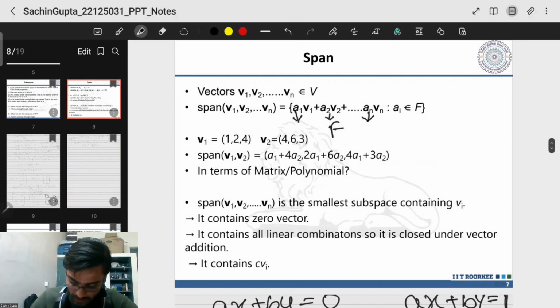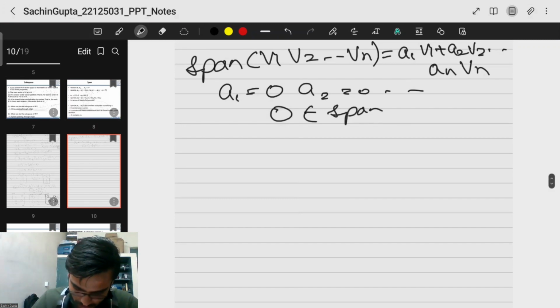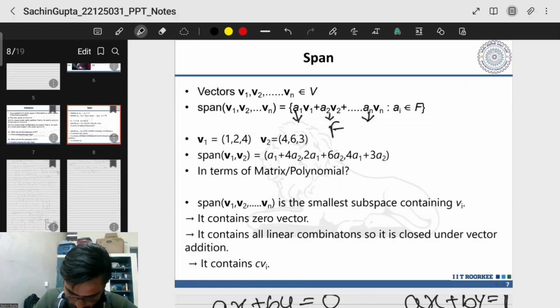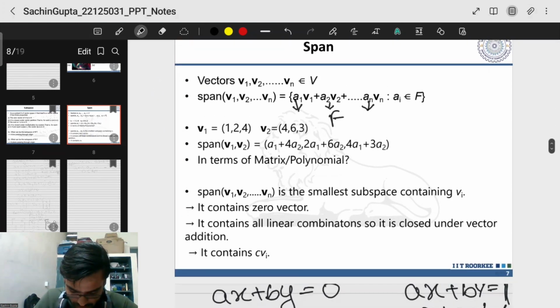Now the other property: it contains all linear combinations, because span of v1 up to vn is equal to a1 v1 and so on, so we can say that it contains all the possible combinations which can be formed using v1, v2 up to vn. So the second property is also satisfied, that it is closed under vector addition. Second, it must be closed under scalar multiplication.